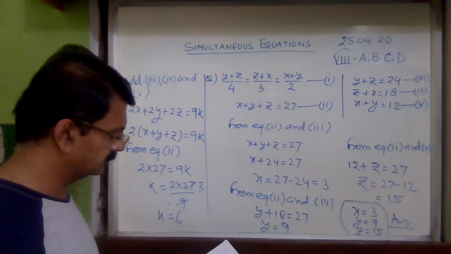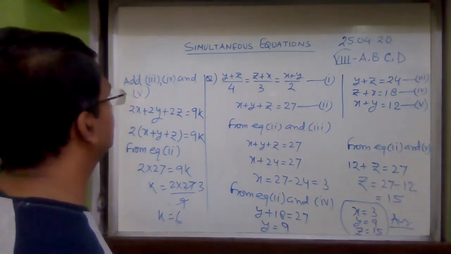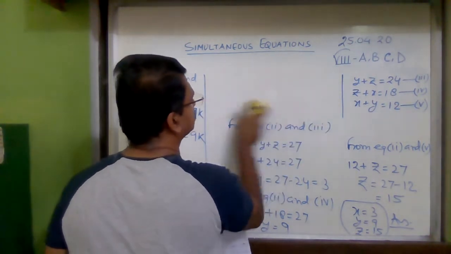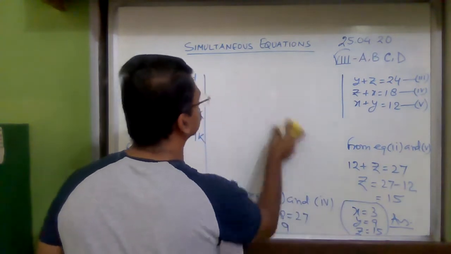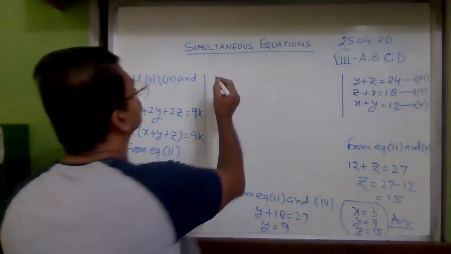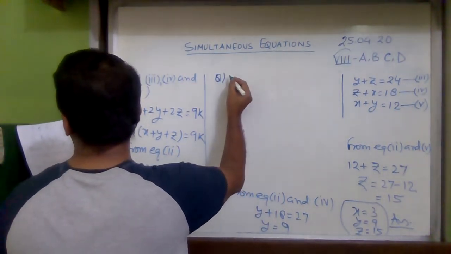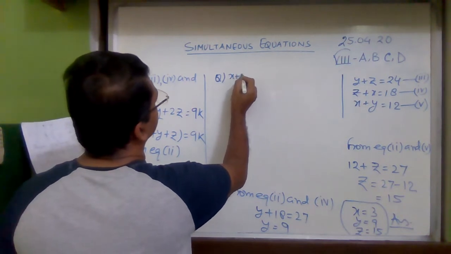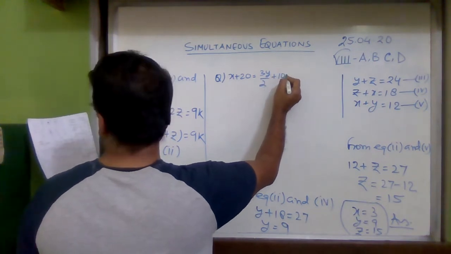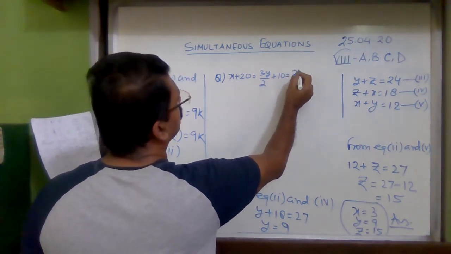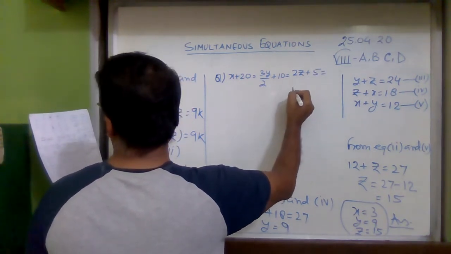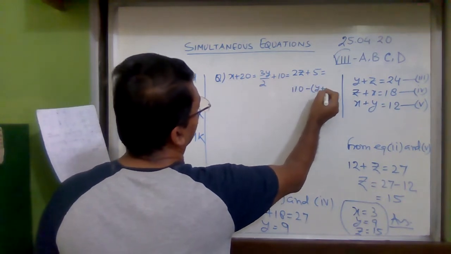And the last question of the day is, x plus 20 is equal to 3y by 2 plus 10 is equal to 2z plus 5 is equal to 110 minus (y plus z).